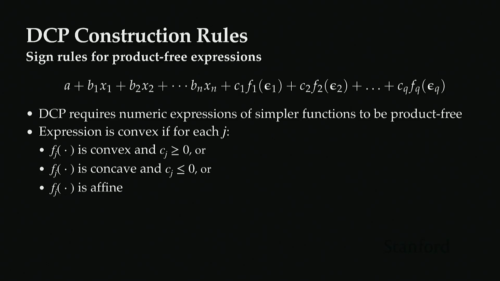So what does that mean? If I wanted to sum together something that was affine along with exp of x, what coefficient would I have to put outside of this x so that the resulting thing has a bowl that goes up? What would the sign have to be for C here?